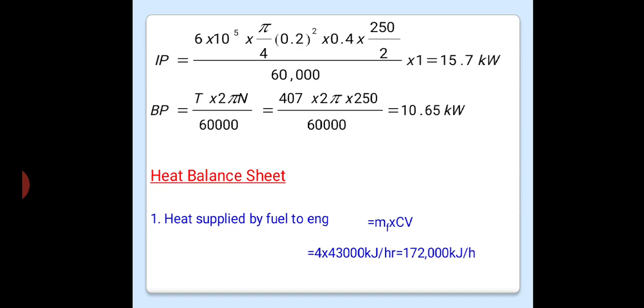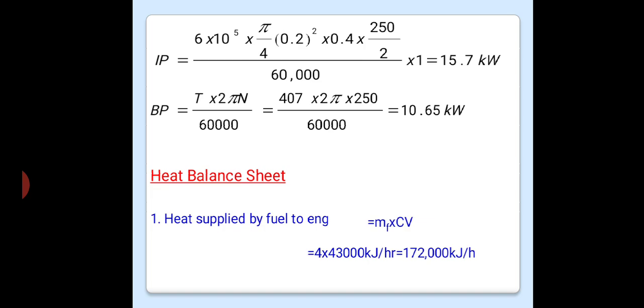Now third, they have asked to draw the heat balance sheet. In this heat balance sheet, first we have to calculate how much heat is supplied by the fuel to the engine, and we have the formula heat supplied by the fuel is m_f into CV. m_f, mass of fuel, they have mentioned, that is 4. See, we have to draw this heat balance sheet on kilojoule per hour basis.